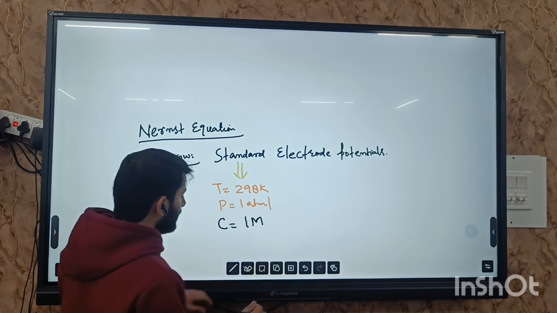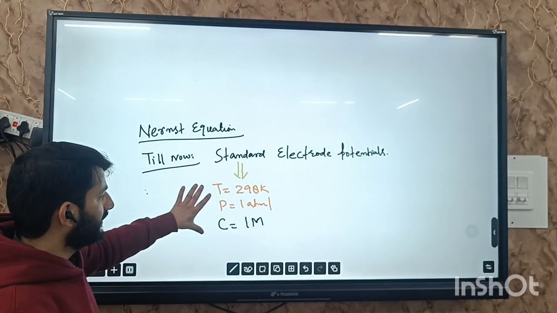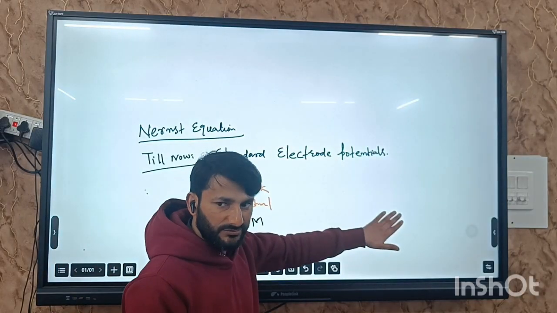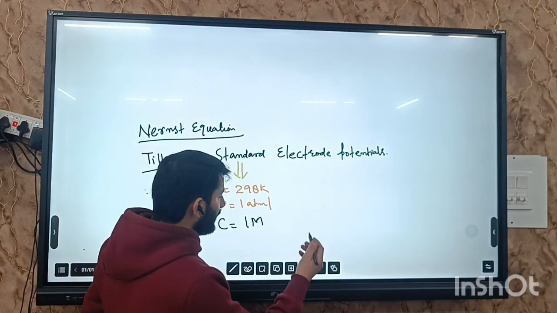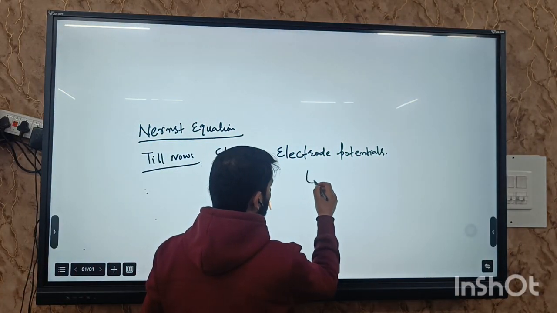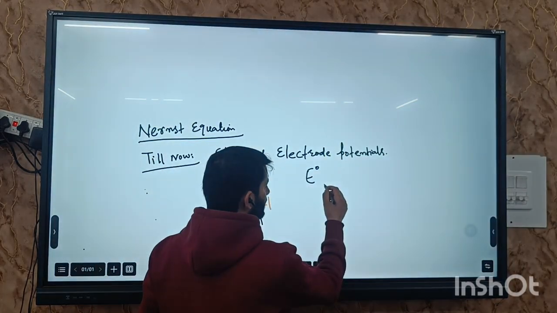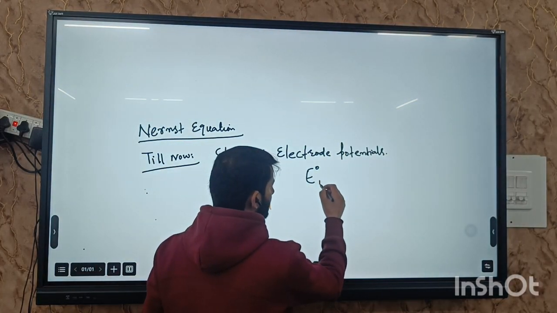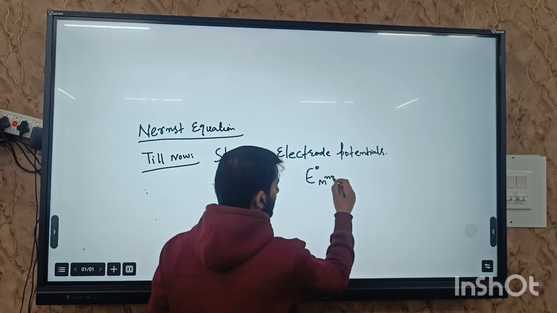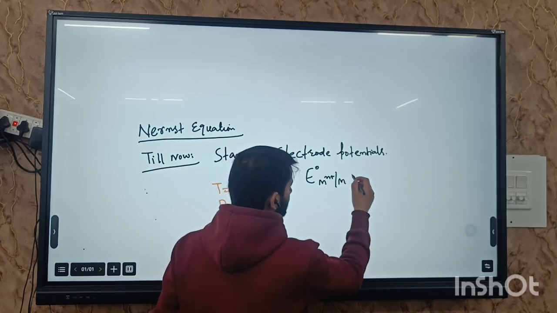So when you have this kind of condition, the electrode potential at that time is the standard electrode potential, and you denote it by E naught. The standard potential of an electrode is denoted by this, like for a metal in its oxidized state to a metal in its reduced state.